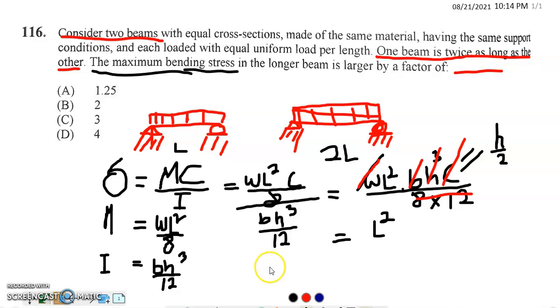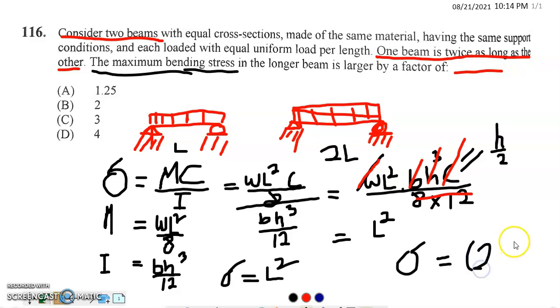In the first beam, we have L squared. For the second beam, just plug 2L into the L. So 2L squared gives you 4L squared.